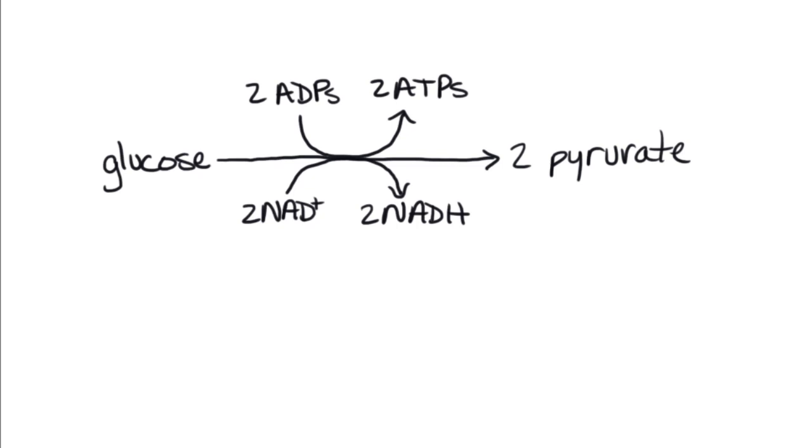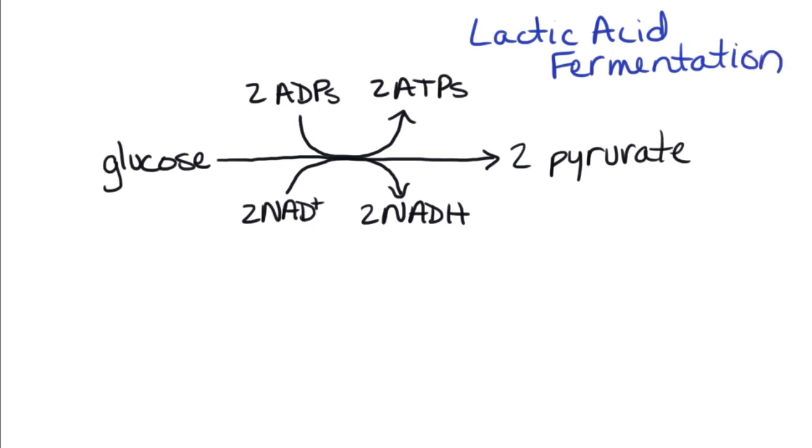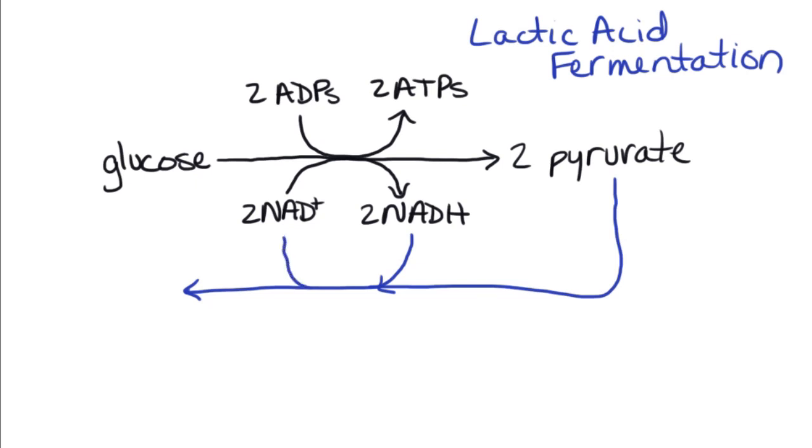So if we talk about the lactic acid fermentation first, lactic acid fermentation is going to remain in the cytoplasm, and it's going to take that pyruvate molecule. And now the pyruvate itself is going to come back here. It's going to accept the electrons from the NADH, or in other words, the pyruvate is going to get reduced. And when it does, it will turn the NADHs back into 2 NAD pluses.